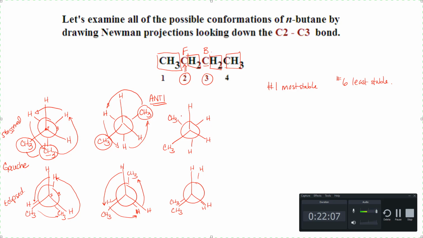Over here in number 3, the methyl groups are again gauche. Now, as far as stability, having the large groups away from each other is more stable than having groups gauche. And the bigger the groups that are gauche, the more unstable the conformation is. So in this case, having the methyl groups opposite each other or anti would be the number 1 most stable conformation.